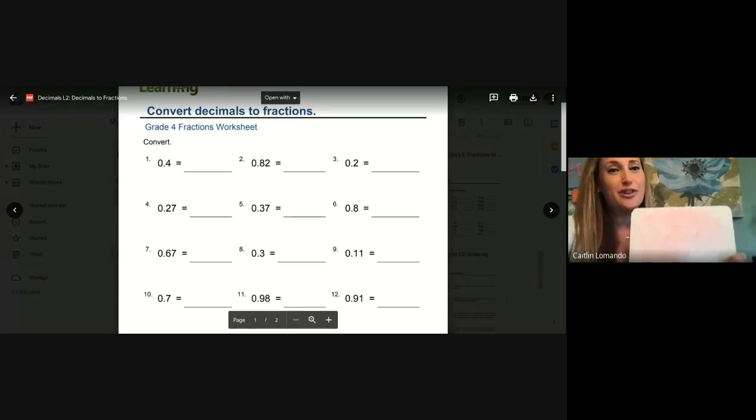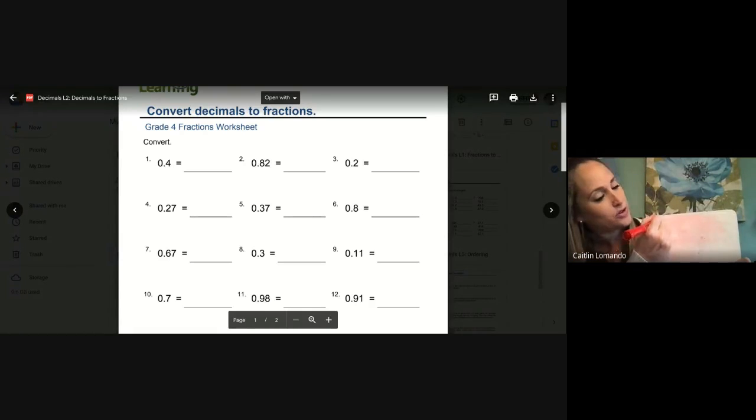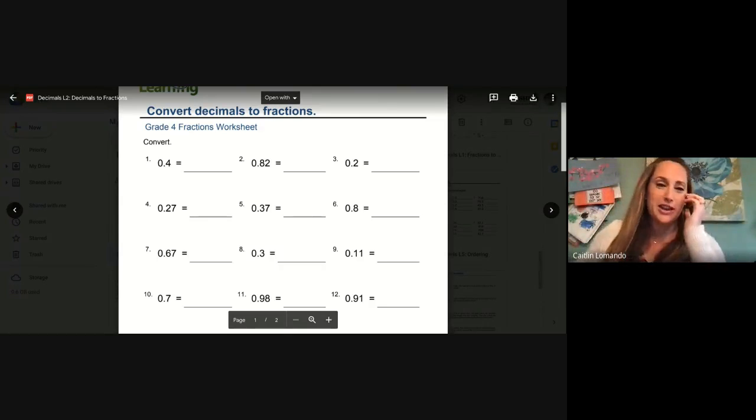So for number 4, we have 27 hundredths. For number 5, we have 37 hundredths. And for number 6, we have 8/10. Great job.